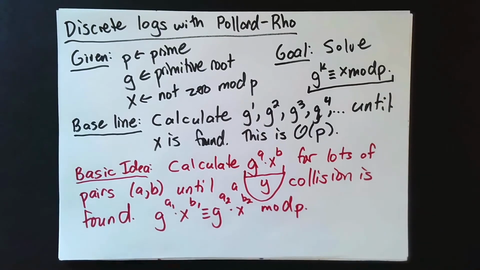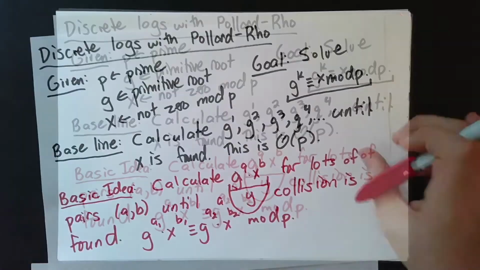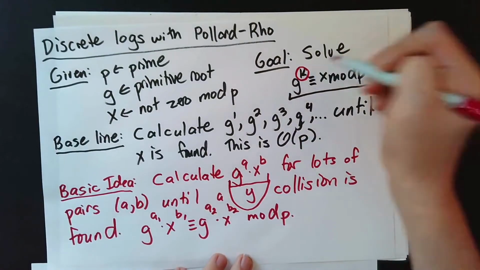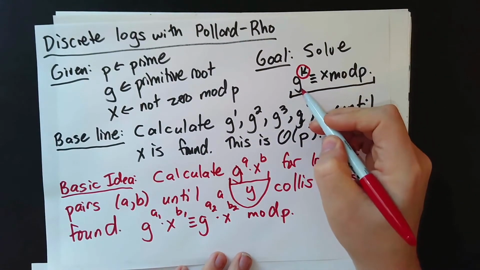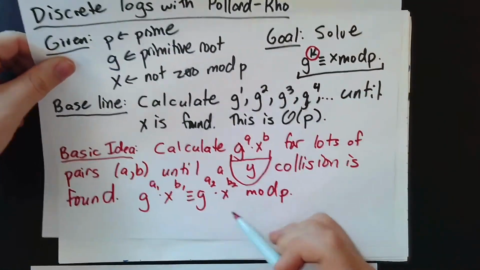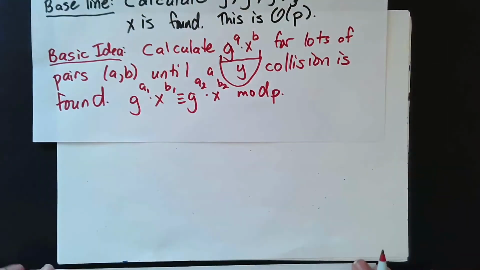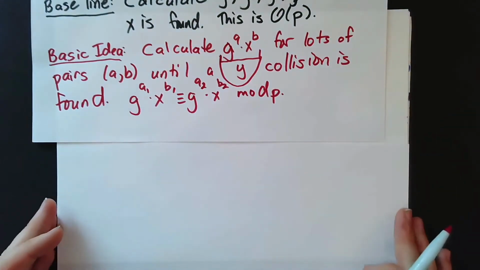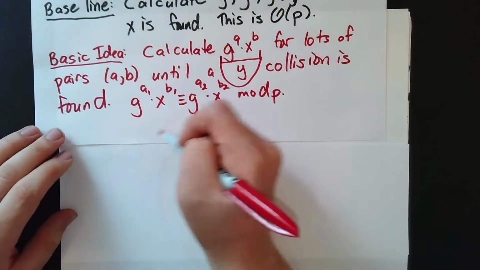Now, if I find this, how does that actually help me? Let's remember that the thing I'm trying to find is k, and that x is g to the k. So I'm going to replace these x's in this equation with g to the k.